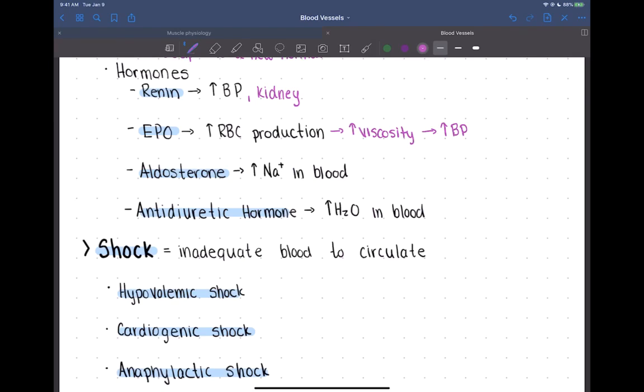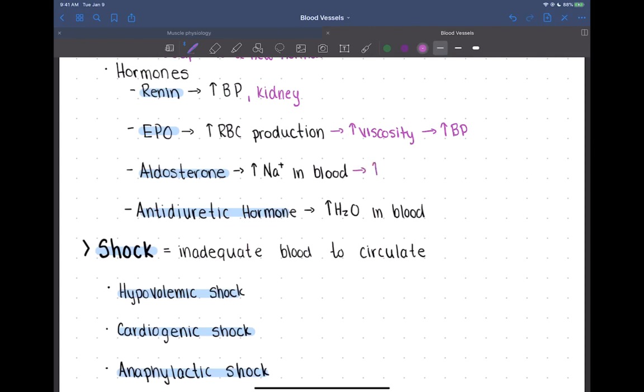All right, and then we have aldosterone. So aldosterone, remember, coming from the adrenal glands, will add sodium to the blood. Okay, and so it actually does this through the kidneys. All right, and so we'll add sodium into the blood. All right, water always follows salts.